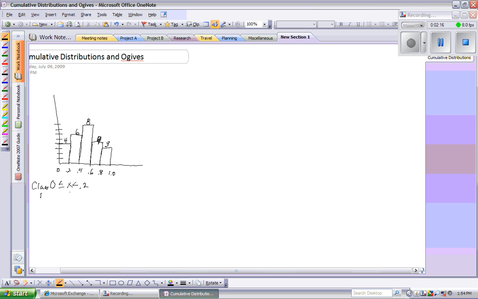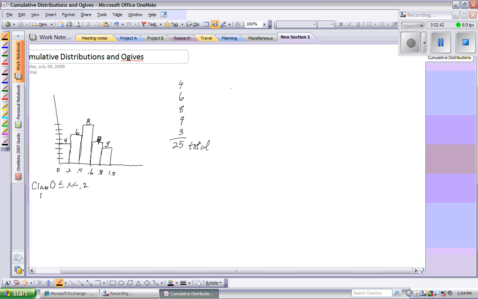All right, so what we've got to come up with here is a frequency distribution. First thing I've got to do is get a total of the sample. The sample was 4 elements plus 6 plus 8 plus 4 plus 3, and that adds up to 25 elements total.